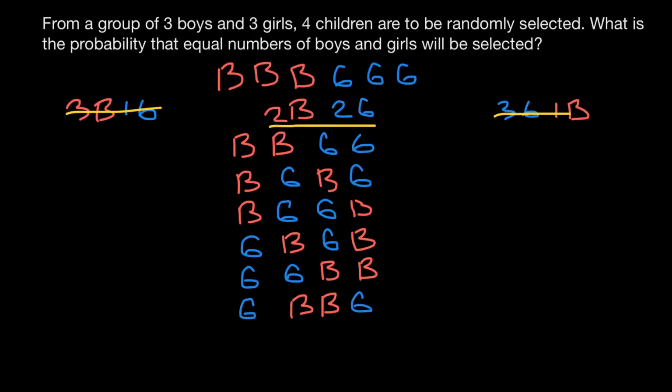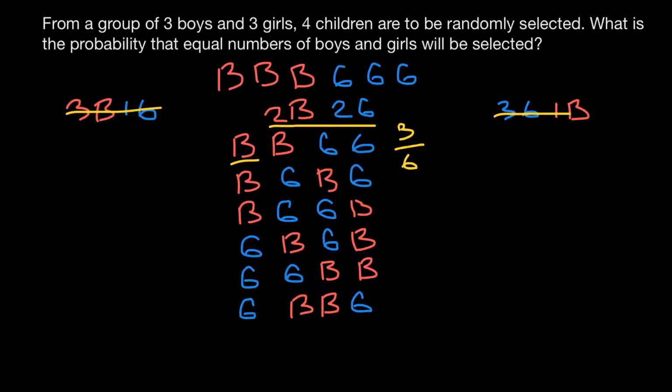Now, next step, we have to find the probability of each combination. For example, what is the probability that the first child which we choose would be a boy? Take a look. We have 6 children to choose from, and 3 of them are boys. So the probability to choose the first child a boy would be 3 out of 6.